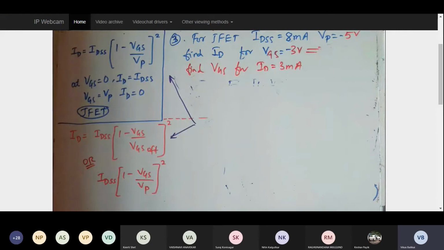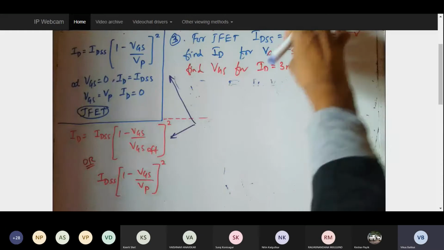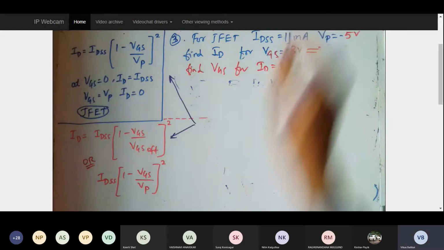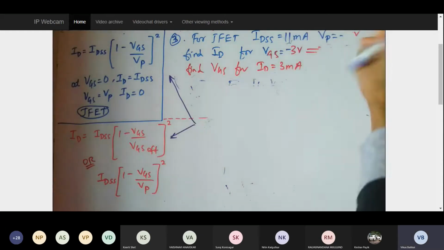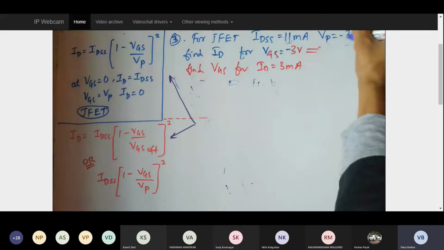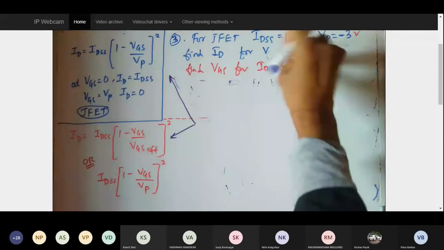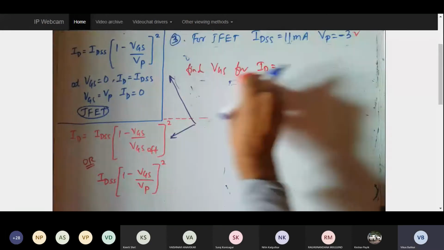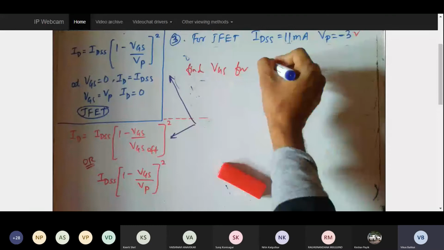We'll move on to, yeah, for IDSS equal to 11 milliampere, VP equal to 3 volt. Calculate ID, or let's do this, only find VGS for ID equal to -4 milliampere. Go ahead and do that. I just need VGS.